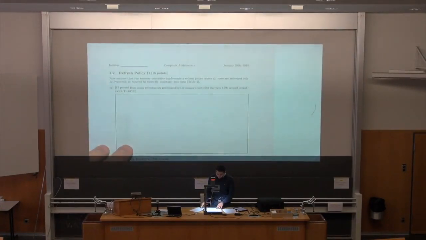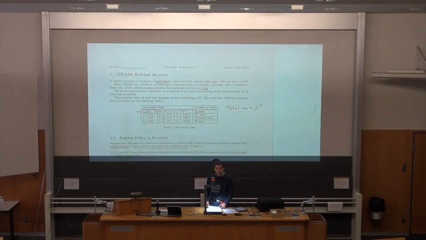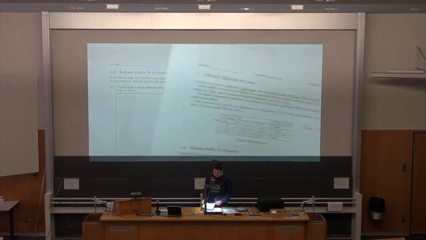For the second policy, it says that the memory controller refreshes the rows when it is needed. Basically, what does it mean? Given a temperature, if you need to refresh a row based on this table, the memory controller refreshes it.